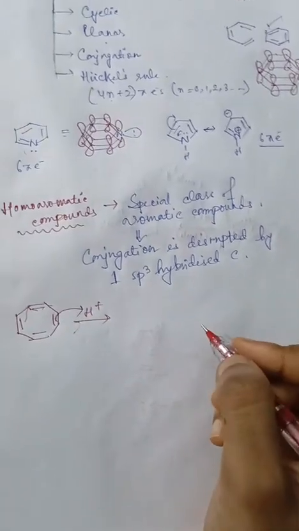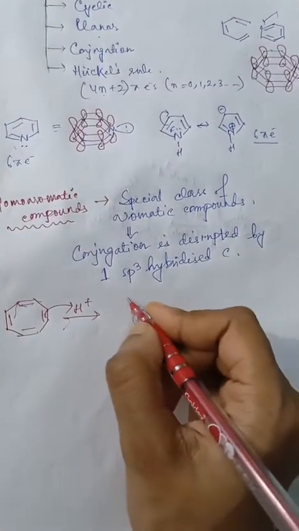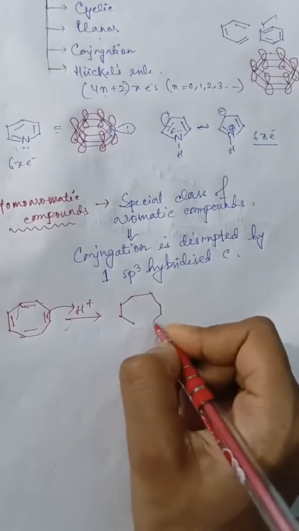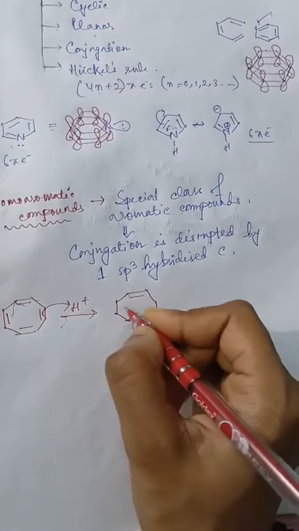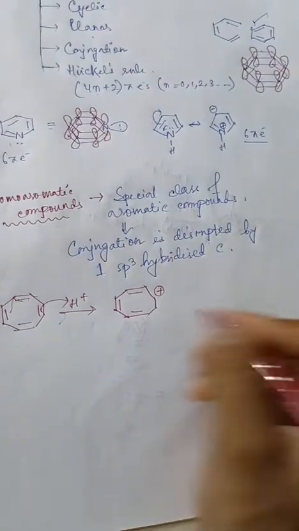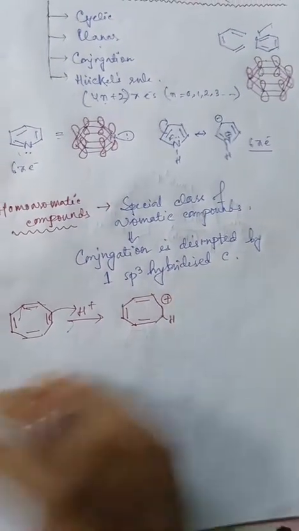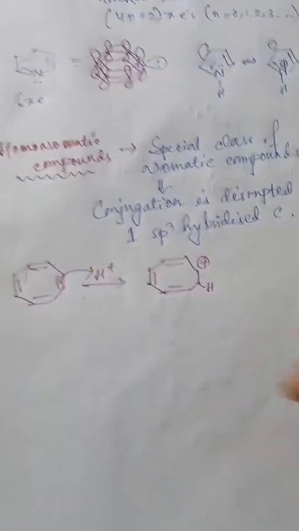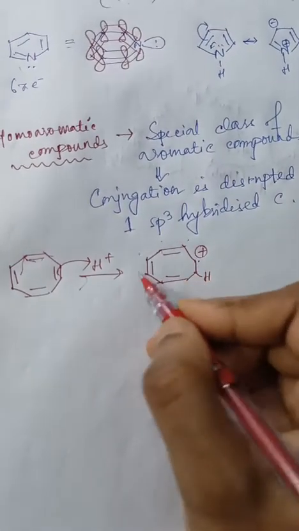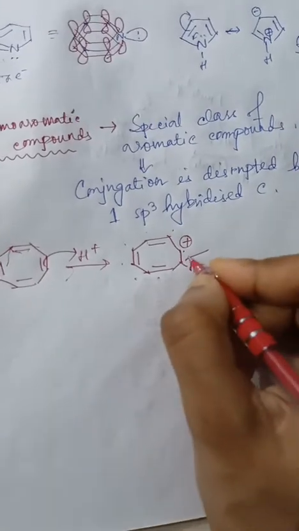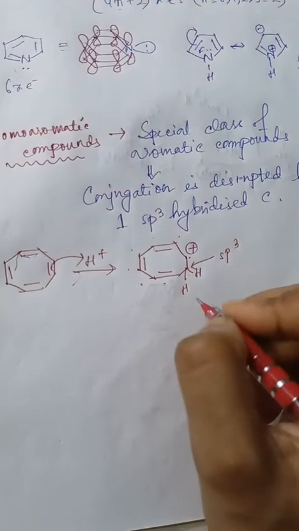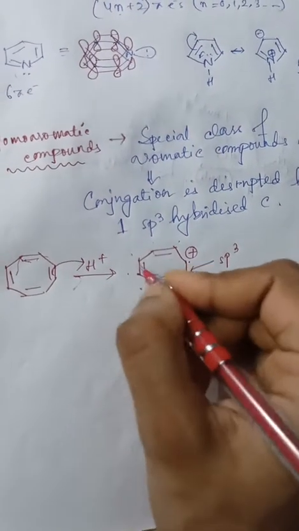There will be electrophilic addition at a double bond, and it will look like this: one hydrogen is attached there and the positive charge. So see here, this is an sp2 carbocation, this is sp2, sp2, sp2, sp2, sp2, sp2, but this carbon is sp3, right? So otherwise it's 1, 2, 3, 4, 5, 6.